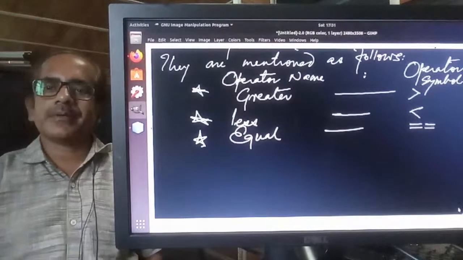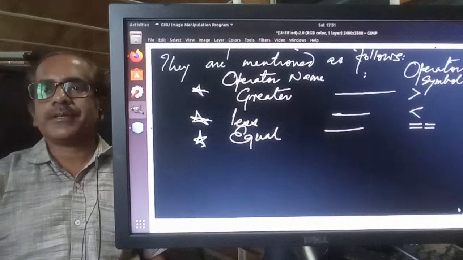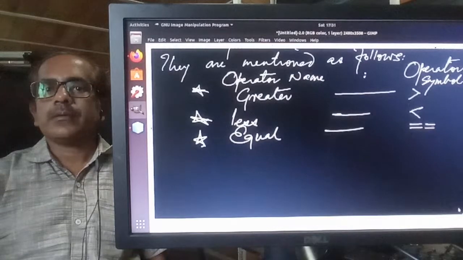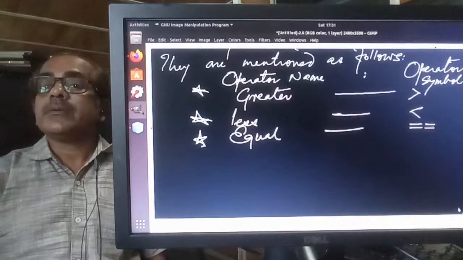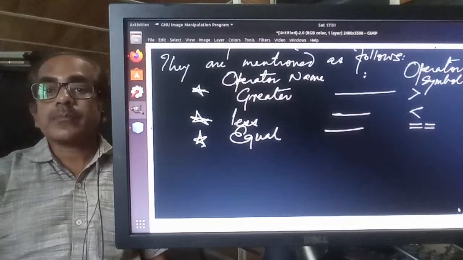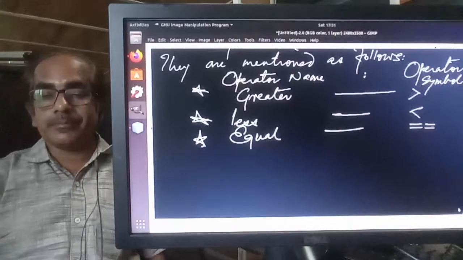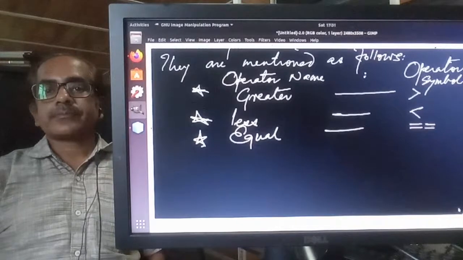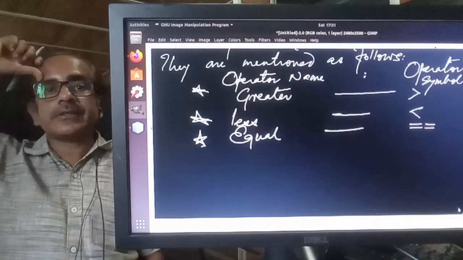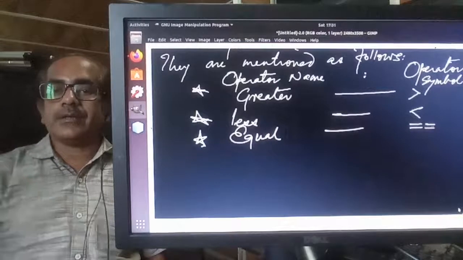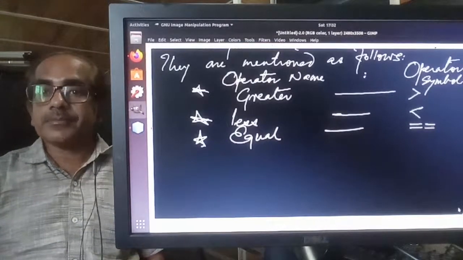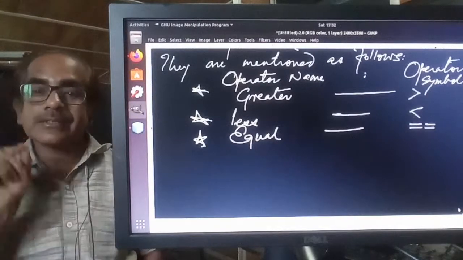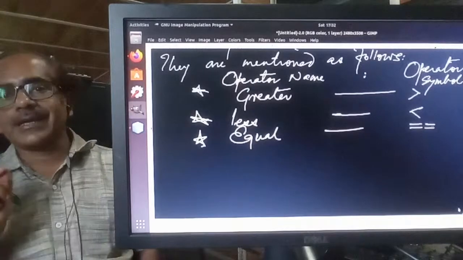Remember this, especially I need to point out that for equal to as comparison, double equals are used, not single equal, which in general we use in mathematics. In computer programming, double equal to sign is used for comparison and single equal is used for assignment.